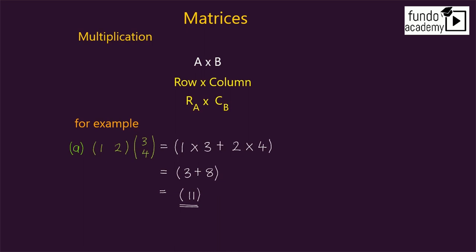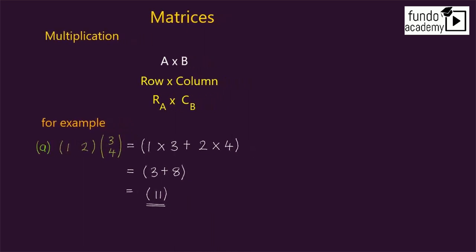Okay, let's look at example B so that we can really see how things are going. On B we have the matrices 1, 2, 3 and 4, 5, 6. We also have here a row matrix and a column matrix like we had on example A. So how do we multiply the row and the column? It's the first element on the row of the first matrix and the first element on the column. So I'll start with 1 multiplied by 4.